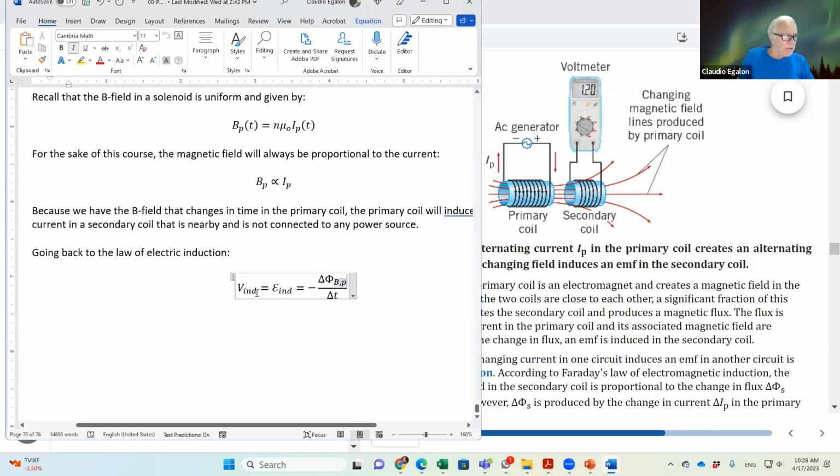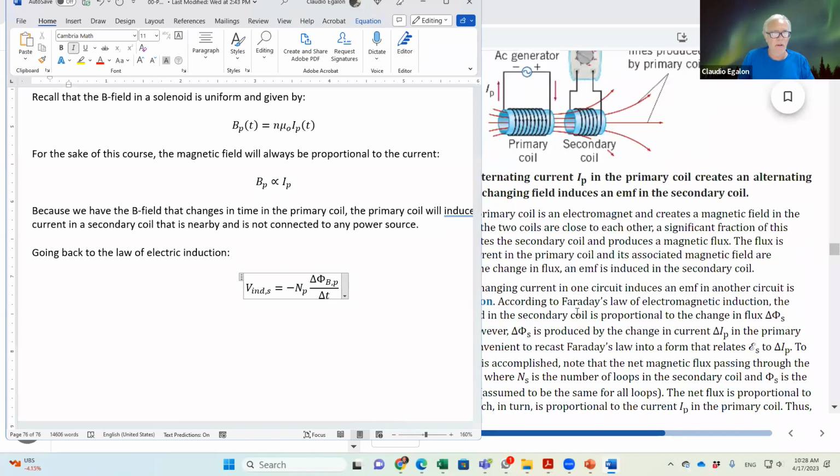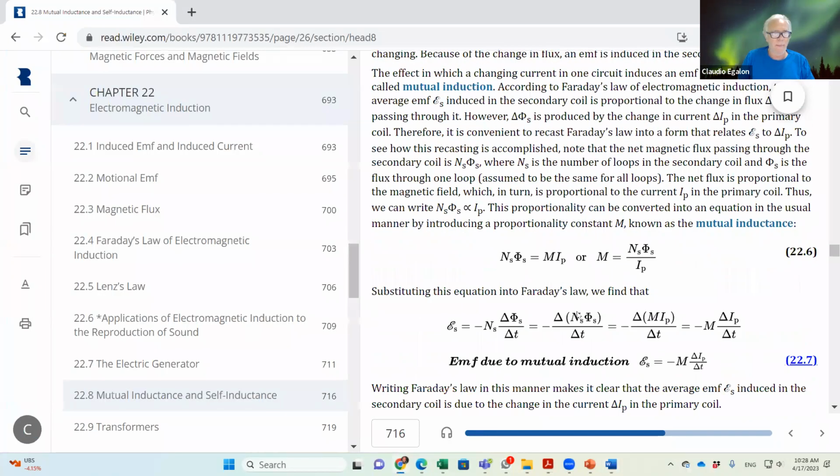The induced electromotive force in the secondary coil is going to be equal to the change in magnetic flux in the primary coil. And here I'm going to put N primary. Don't forget this primary has some turns inside.